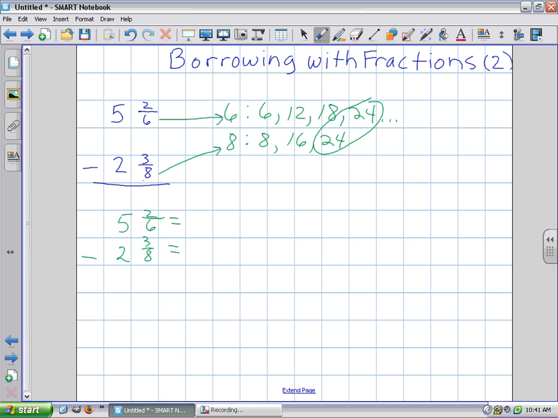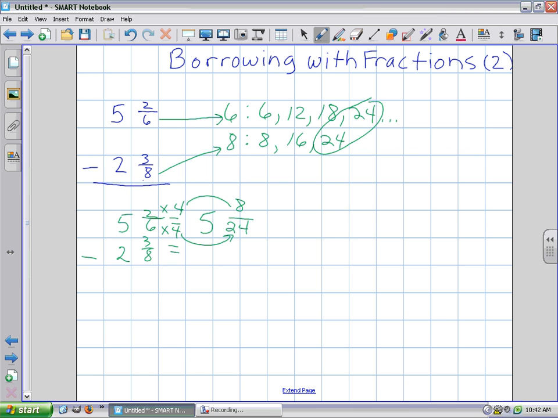So this will become 5, and if I look at my 6, I have to think, 6 times what number equals 24? Since 6 times 4 will give me 24, I have to multiply the numerator by 4 as well. And that is going to give me 8. So 5 and 8/24 is my new top number.